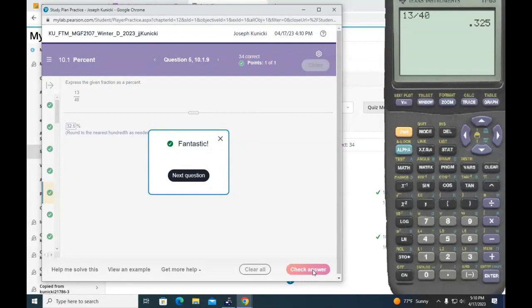So 13 parts out of 40 is the same as 32.5 parts out of 100. That's the same ratio. It's the same number, just a different way to express it, because we're forcing the denominator here to be 100. Because now, X percent, 32.5 parts per 100. If X is 32.5, then the fraction is 32.5 over 100.